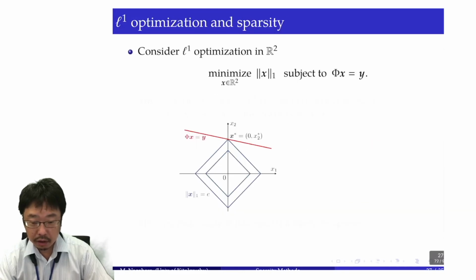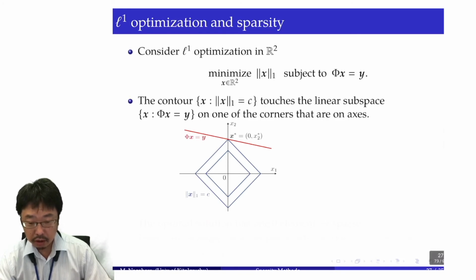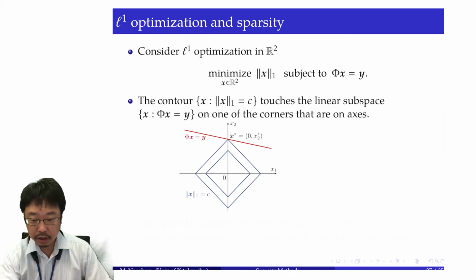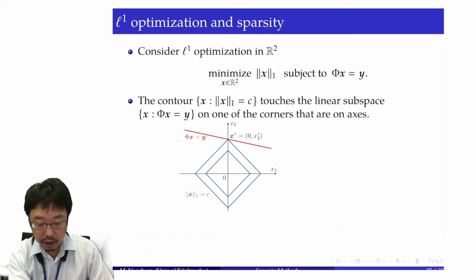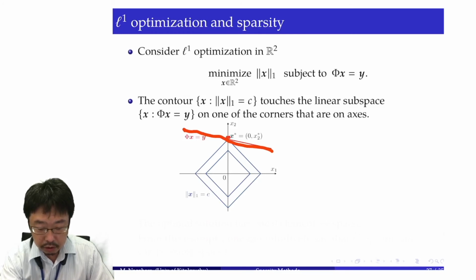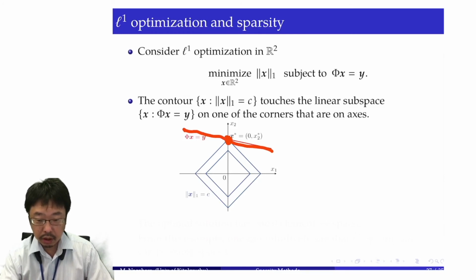I will give an intuitive explanation why L1 optimization gives sparse solution. Let us consider the L1 optimization problem in two-dimensional space. The contour of the L1 norm equal to C touches the linear subspace of phi x equal y on one of the corners that are on axis.